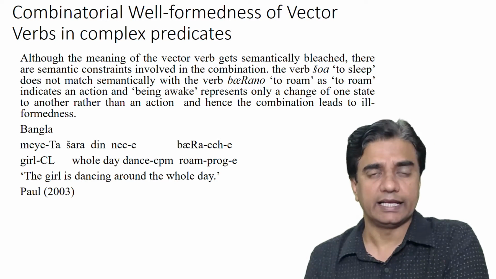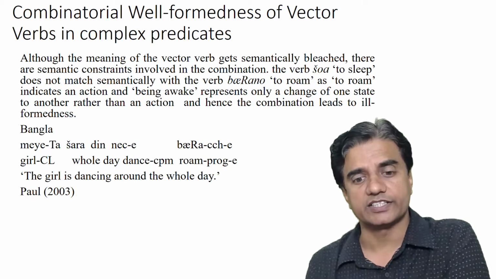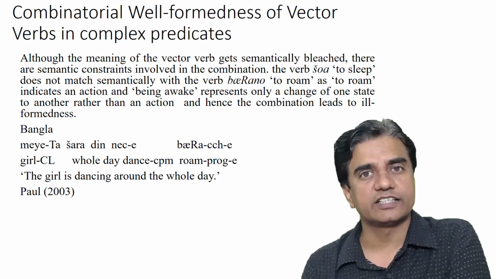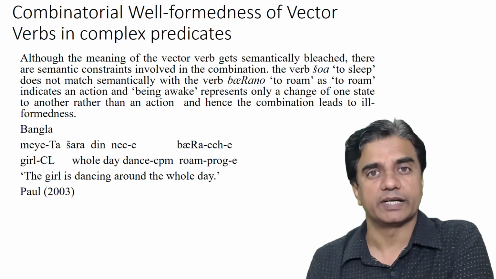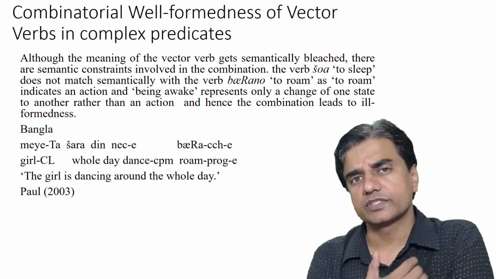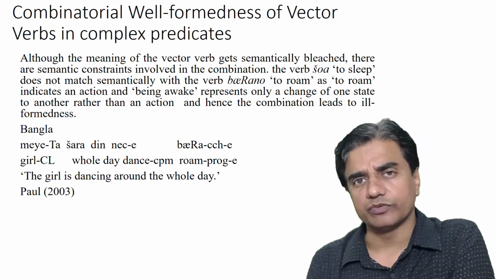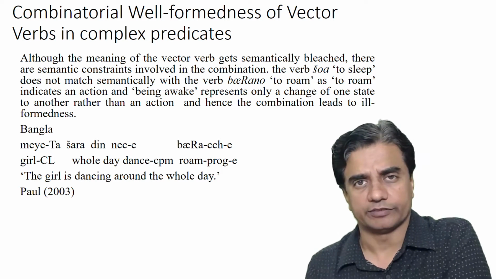For example, it is this bleaching and these constraints on well-formedness which help us understand the construction of compound verbs and complex predicates in a better way: two verbs where one is a motion verb and the other is a non-motion verb cannot be put together.